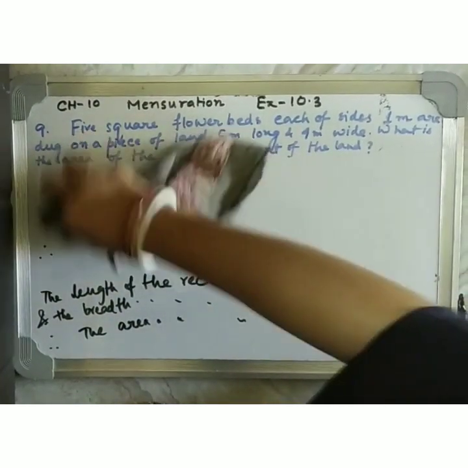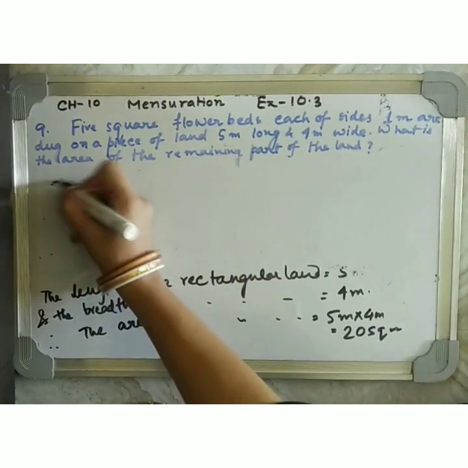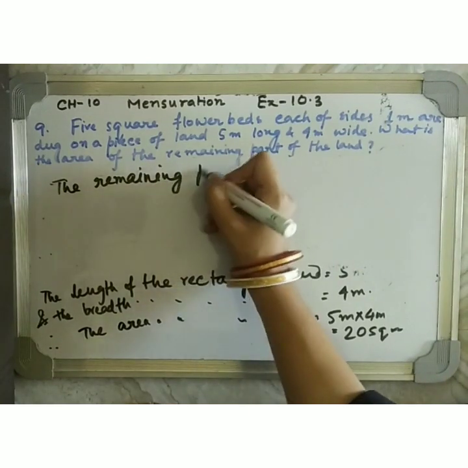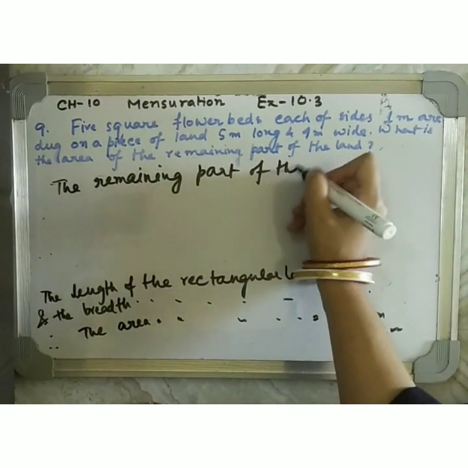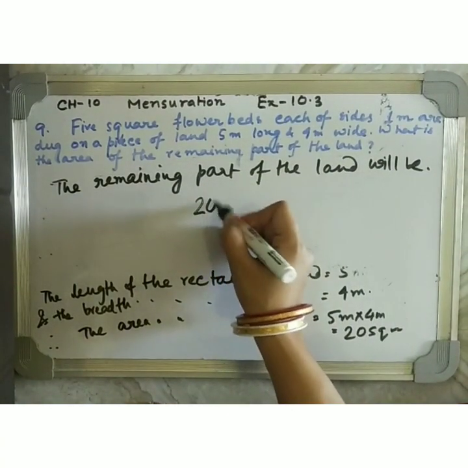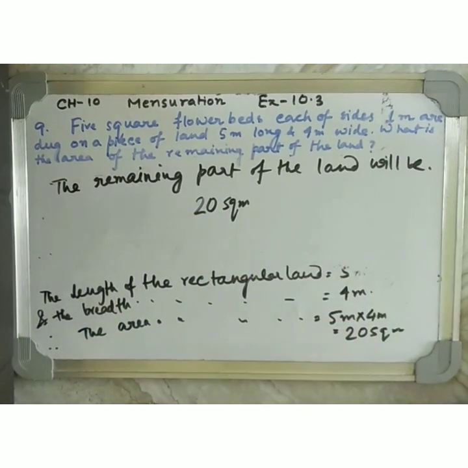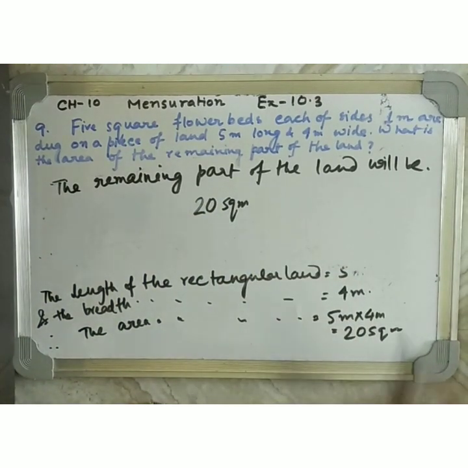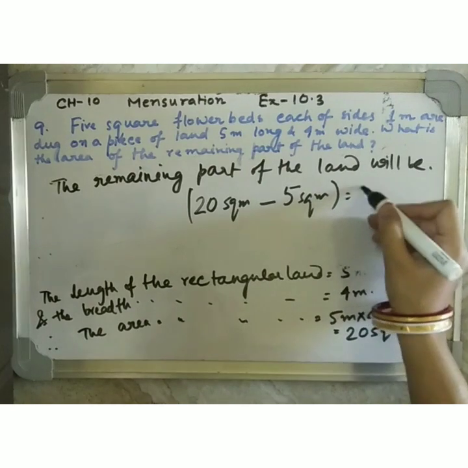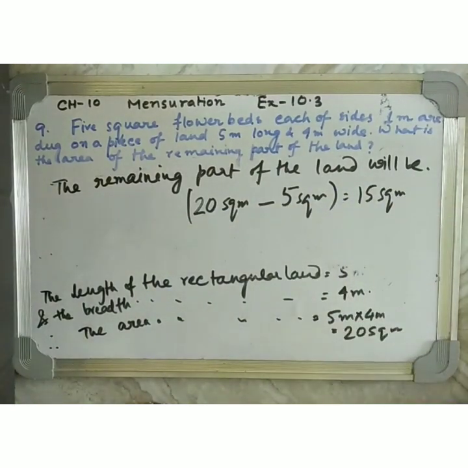So here I will write the remaining part of the land will be 20 square meter, which was the total area of that land. From this the 5 square meter of flower beds are dug out. So I am subtracting this 5 square meter and 15 square meter of land was left as the remaining part.